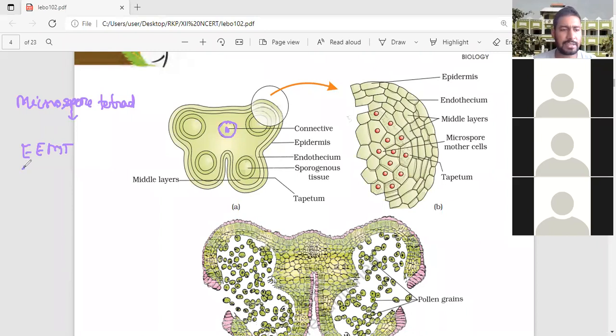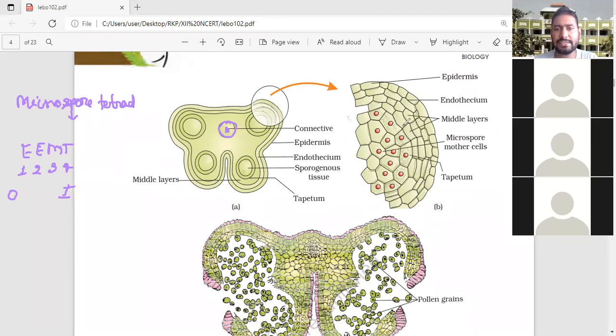According to sequence, that is 1, 2, 3, 4. This will be the outer, this will be the innermost. Okay, one will be the outer and fourth is the innermost. So I told you they have four different layers. Outermost epidermis, then endothecium, then middle layer, then tapetum.